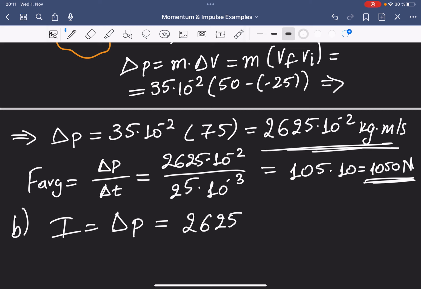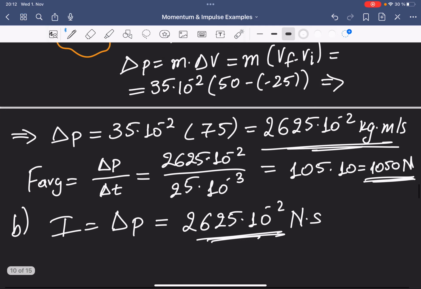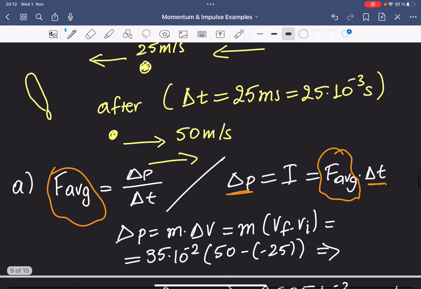It's 25 times 10 to the minus 2 newton seconds, or kilograms meters per second, it's the same, they're equivalent units. So we calculated B already from our calculations for A.